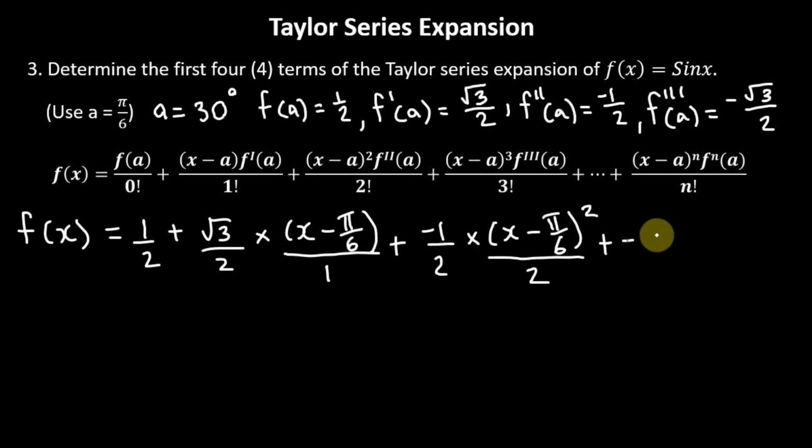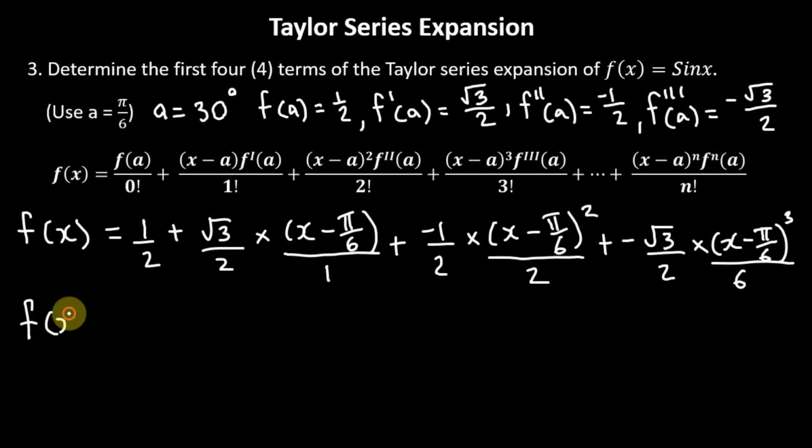So we'll have minus root 3 over 2 times x minus a, and again our a value is pi over 6, and we'll cube the bracket just the same, and we'll put this over 3 factorial, which is of course 6.